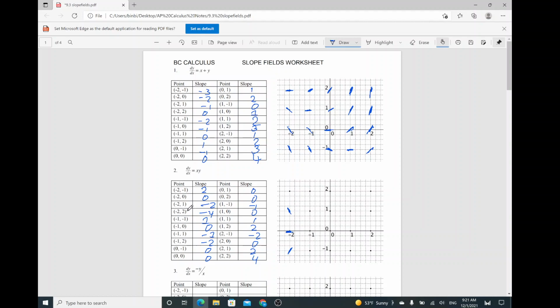And then -2 times 2, -4, going like that. And then the other one, (-1, -1), which is 1. And then -1 times 0, 0, flat. -1 times 2, -2.